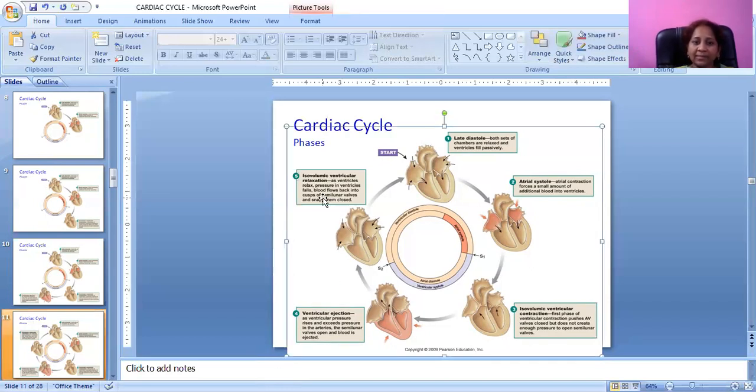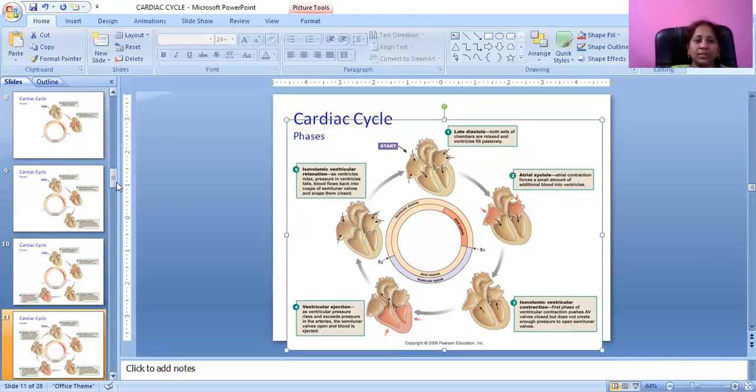And last, as the ventricles relax, pressure in ventricles falls, and blood flows back into the cusps of the semilunar valves and snaps them closed. When the semilunar valves are opened, lub sound. When the semilunar valves closed, then dub sound.